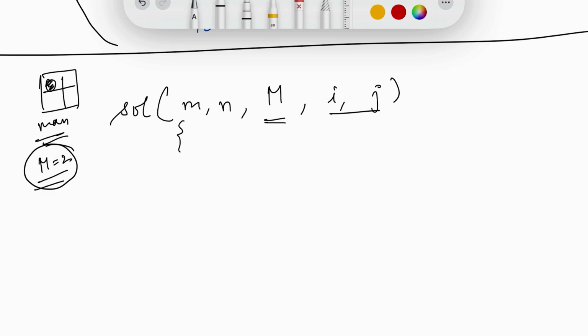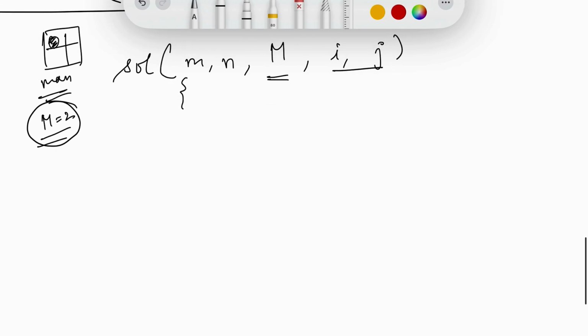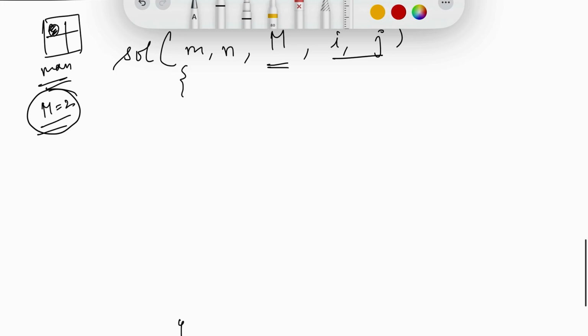So this is my solution function, and here I need to check whether I am reaching the boundary, or I'm left with no m variable, or maybe I have utilized all the value of m, that is our allowed moves.